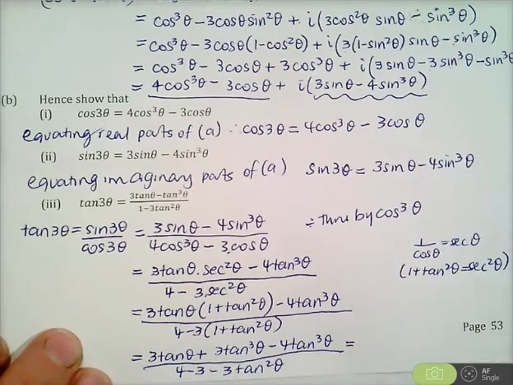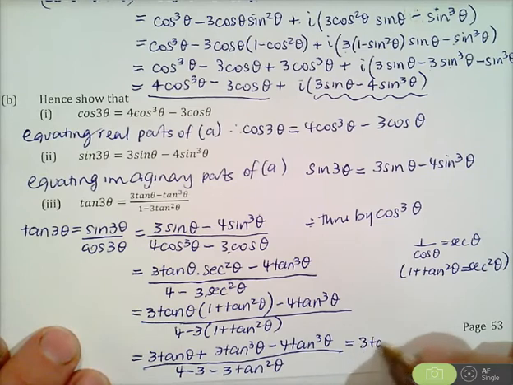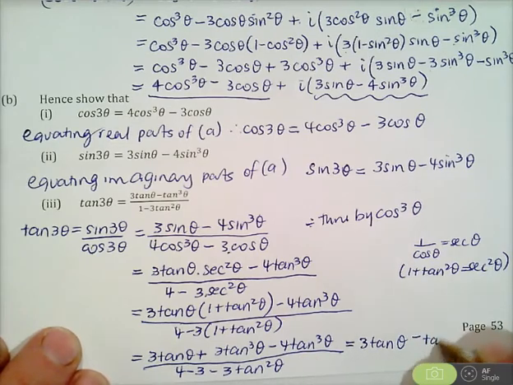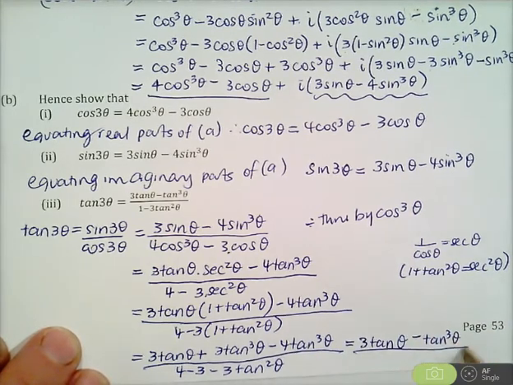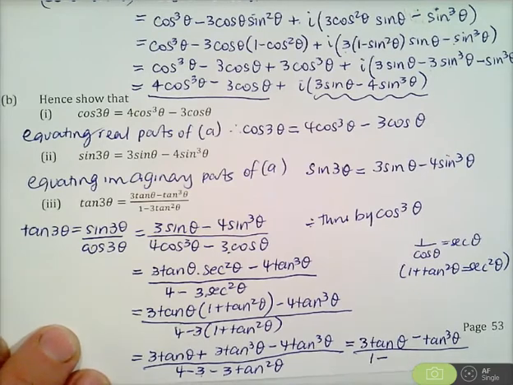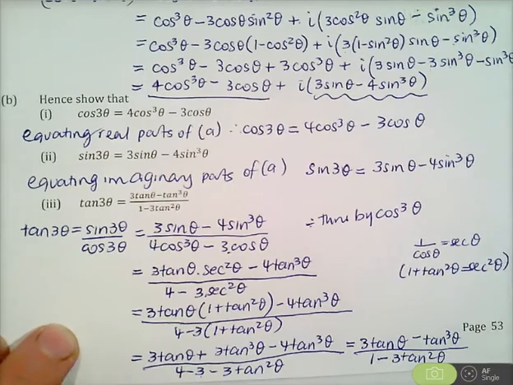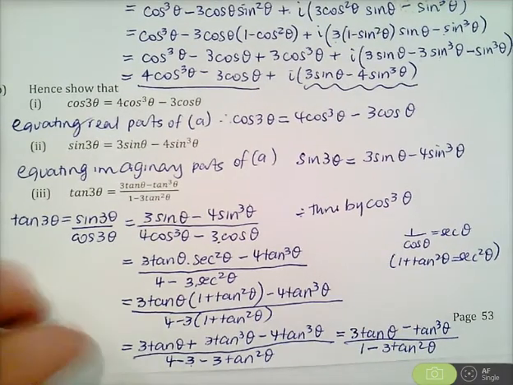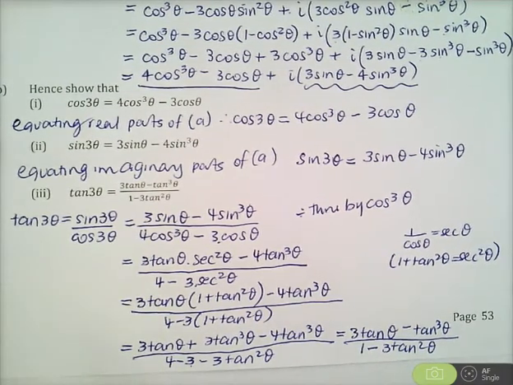And that simplifies to, and we've got 3 tan theta, that doesn't cancel with anything. And we've got 3 tan cubed theta minus 4 tan cubed theta, which is minus tan cubed theta, over 4 minus 3 is 1, and we've got minus 3 tan squared theta. And that's the result that we're meant to get. So that's the end of page 53.